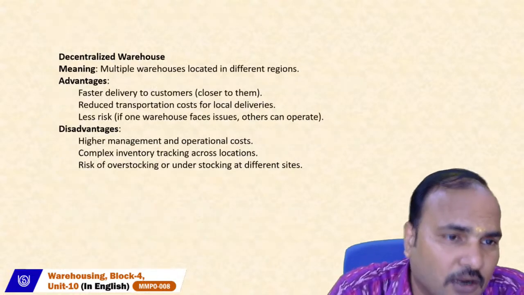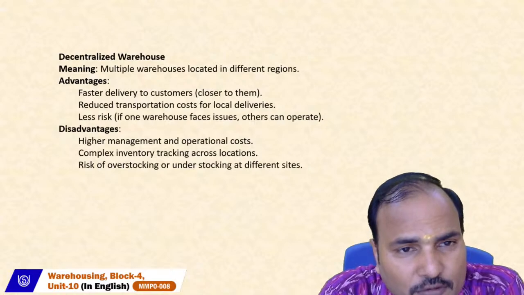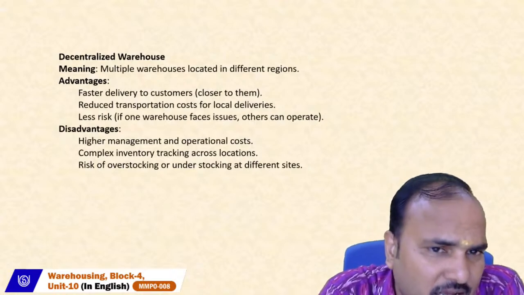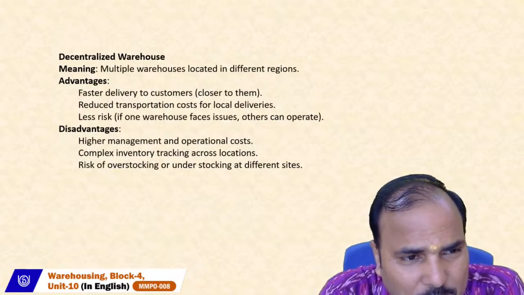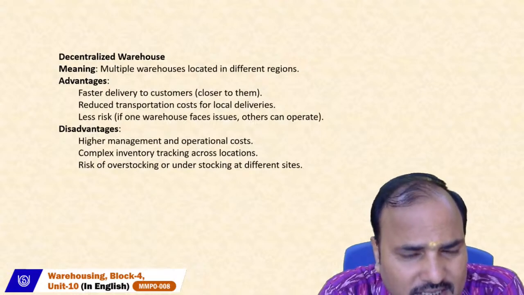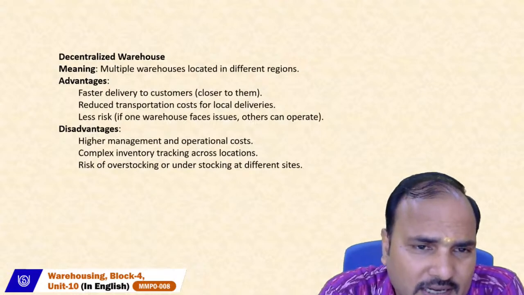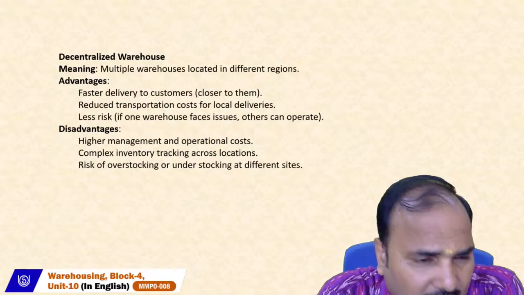Whereas in a decentralized warehouse, multiple warehouses are located in different regions, situated on a regional basis. Here there is faster delivery to customers because the warehouses are very close to the different regions.